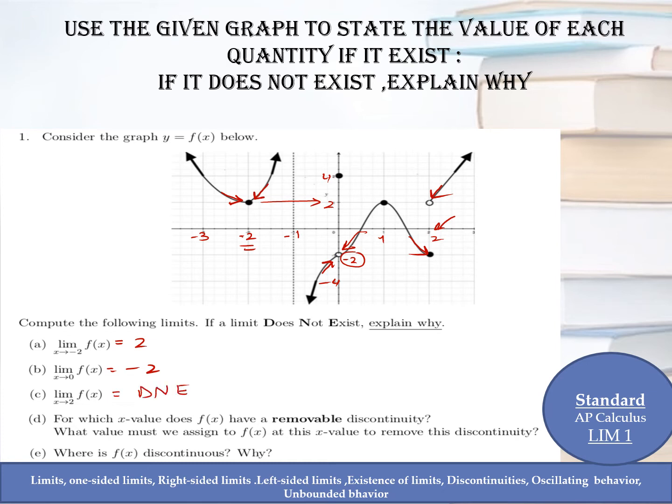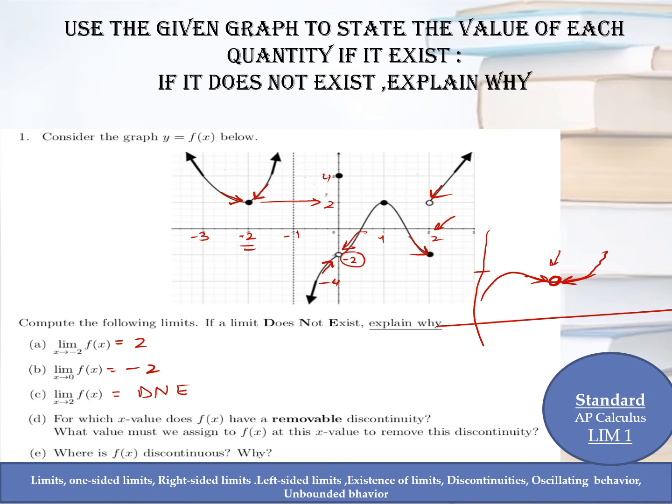Now in the D part they are asking for which x values the function has a removable discontinuity. Now we know that a removable discontinuity is shown in this way. So you have a hole but the left-hand side and right-hand side limits are reaching the same height. But they are joined with a hollow point.